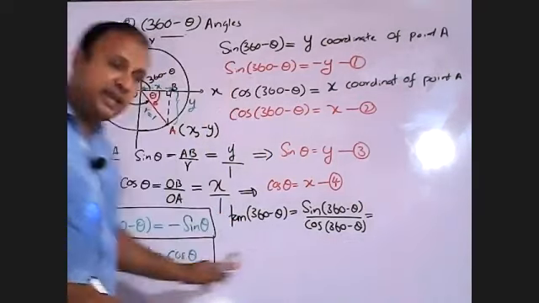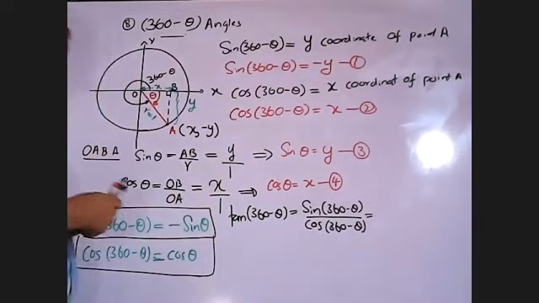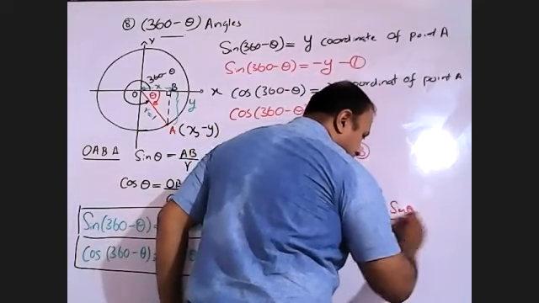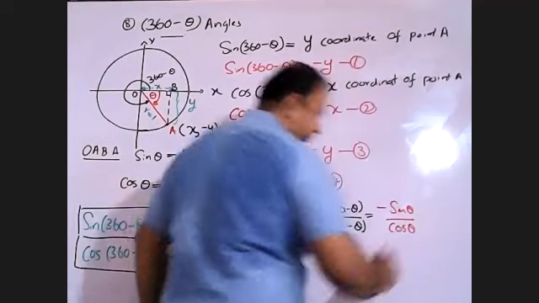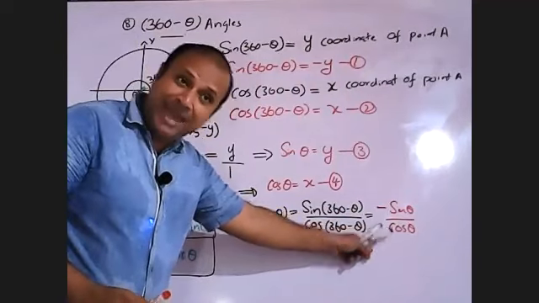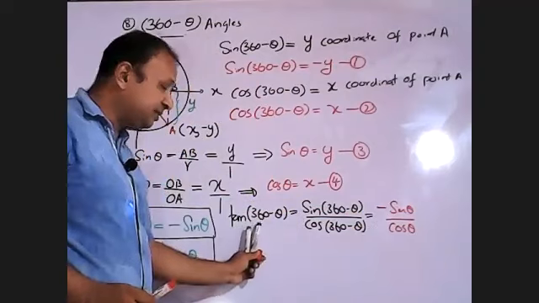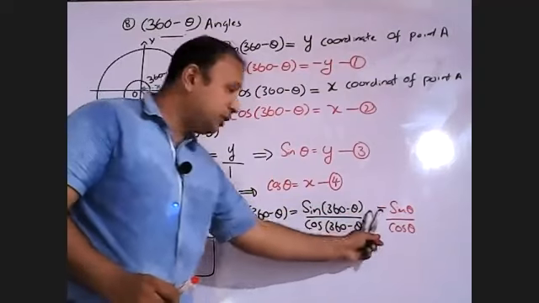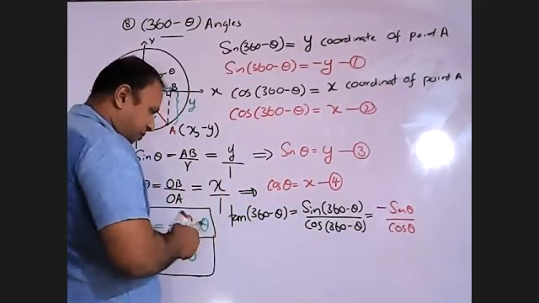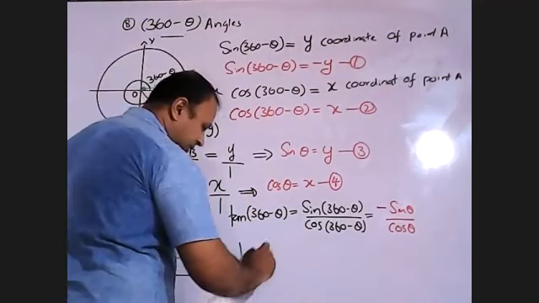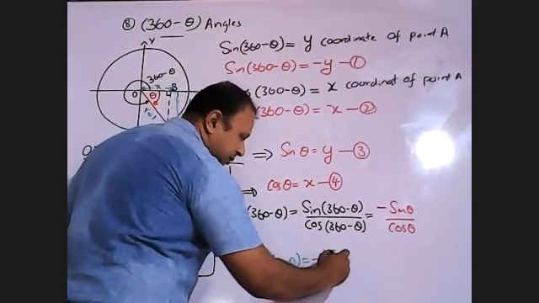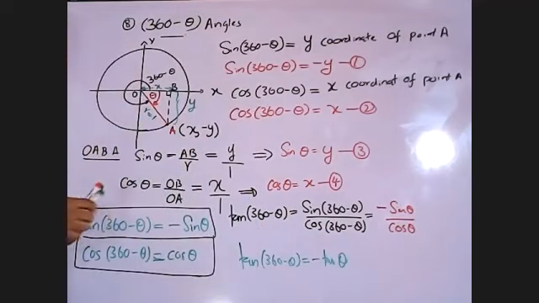Cos 360 minus theta is equal to cos theta. Therefore, I can write it as minus sine theta over cos theta. Sine theta over cos theta is equal to tan theta. Therefore, tan 360 minus theta is equal to minus tan theta.